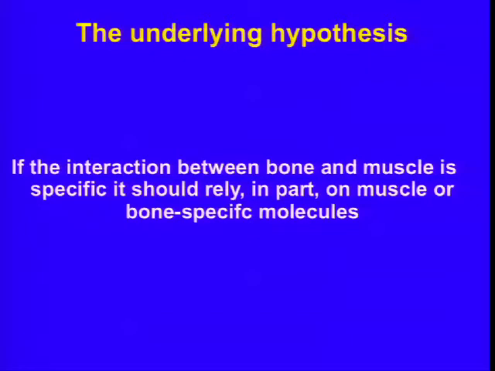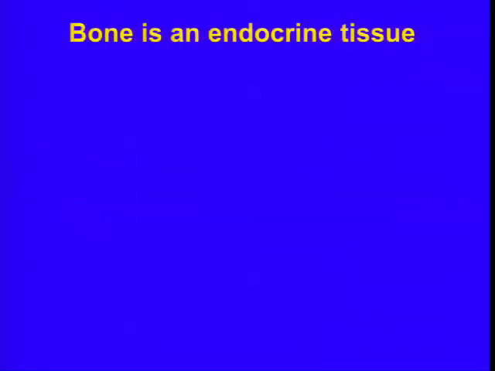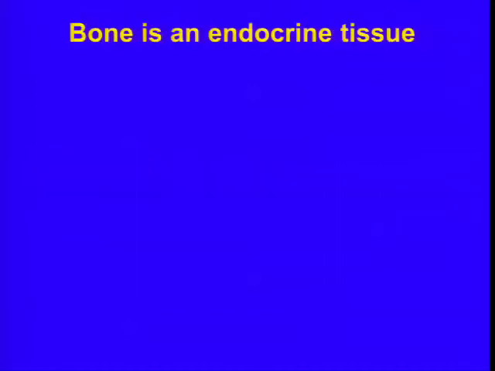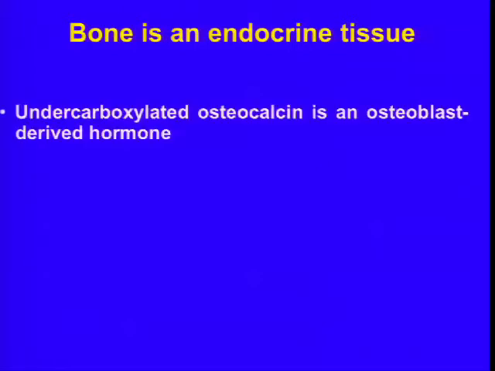So, with that in mind, we addressed this question from the bone aspect, and I think it is now possible to address it because in the last 5 or 7 years, bone has become an endocrine tissue making 2 hormones. I'm going to speak of only one, which is osteocalcin.